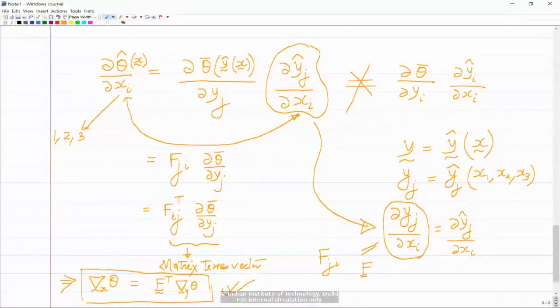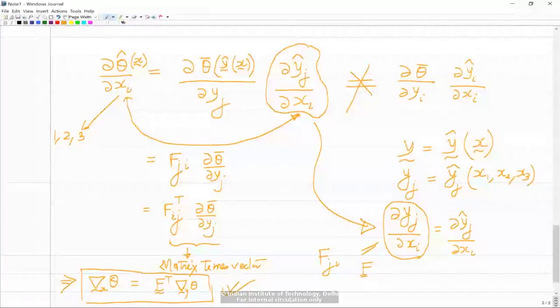Just by writing ∂θ/∂xi, I can convey to you that it can be any of the three. Okay? So that's the advantage of using indicial notation, that you don't have to explicitly write all three on the paper.